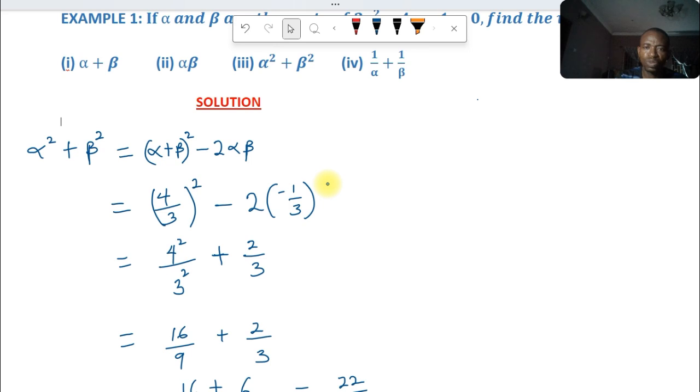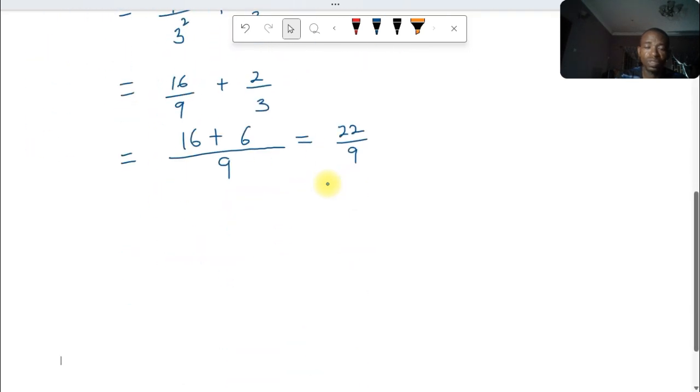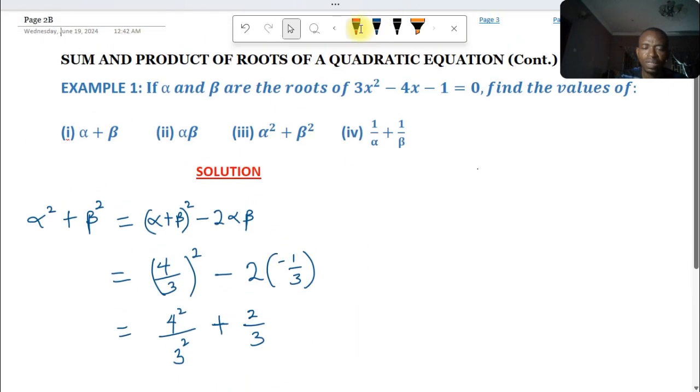So I would like us to take the fourth one, which is 1/alpha plus 1/beta. Let's go to number 4.